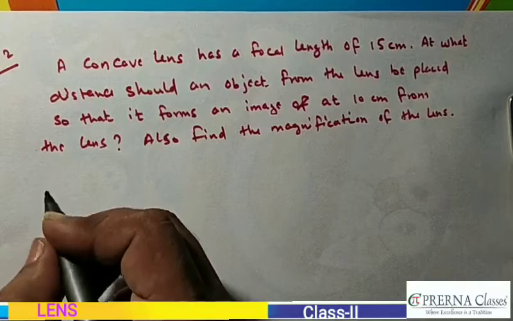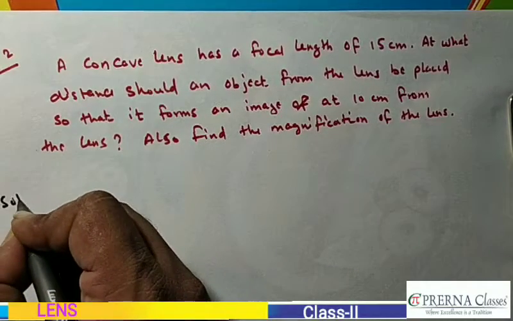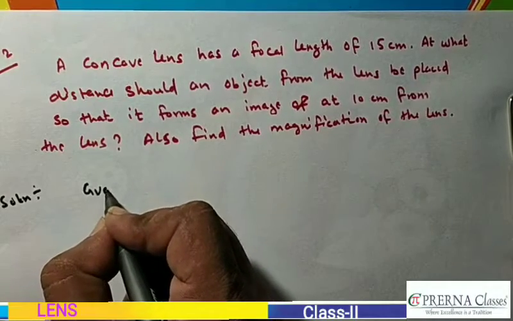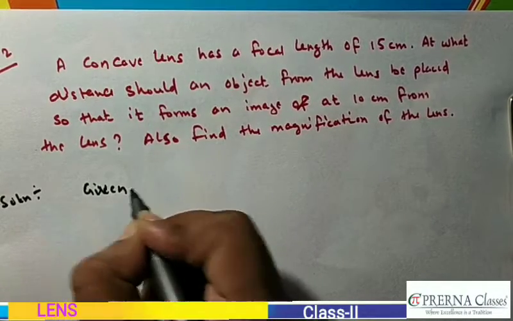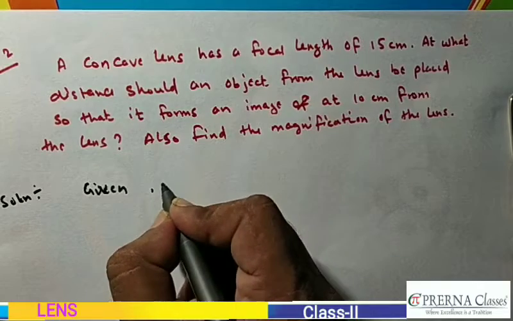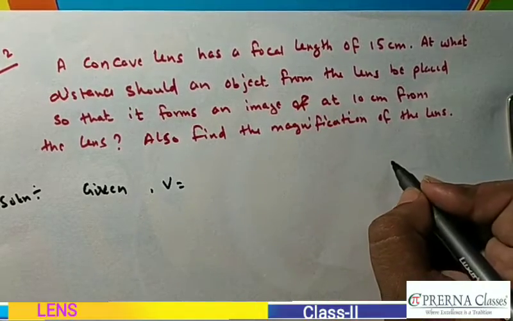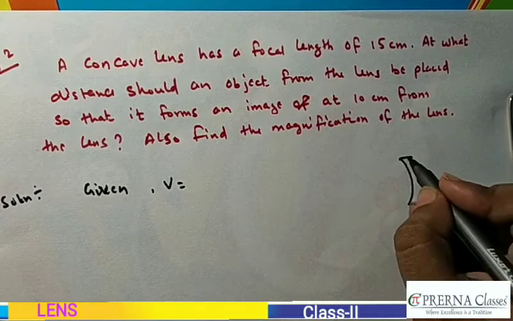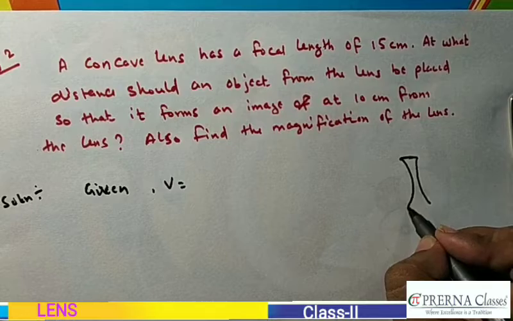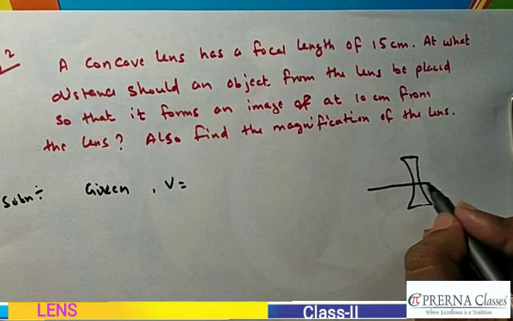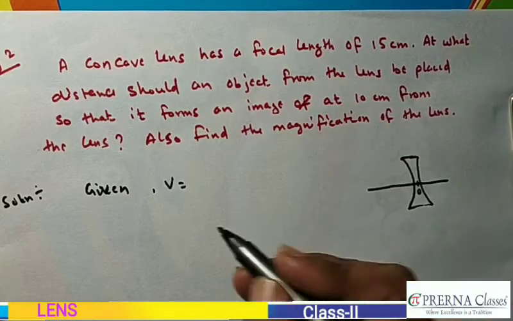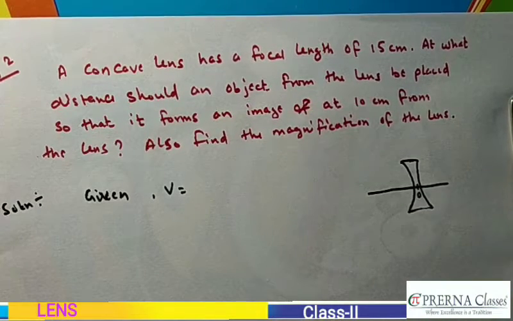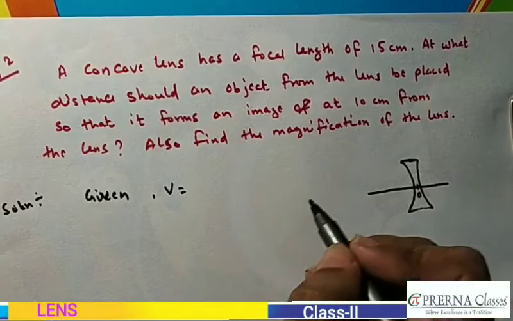Okay, here given is, now let us check. Here the lens used is a concave lens, right? Here the image distance is given, that is 10 centimeter.